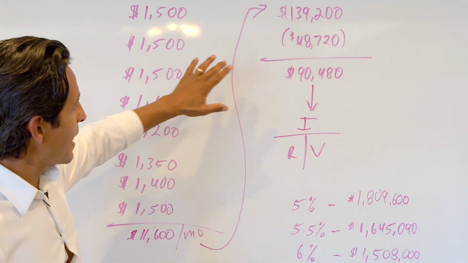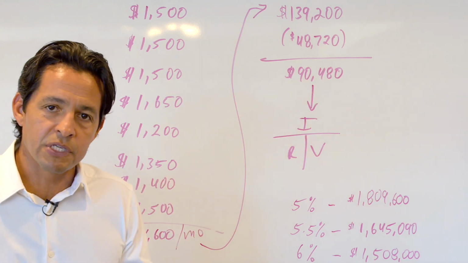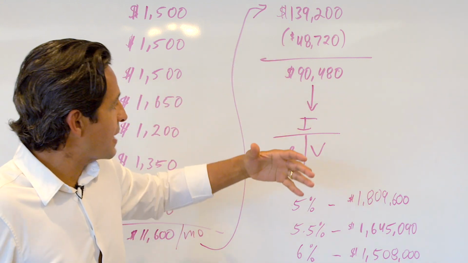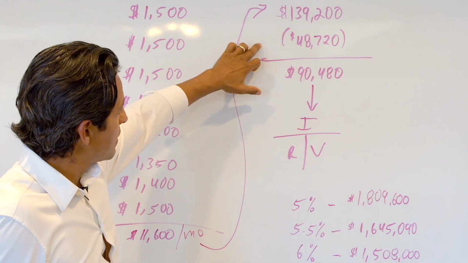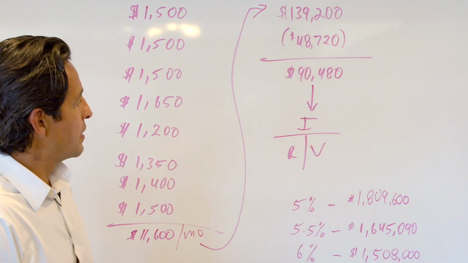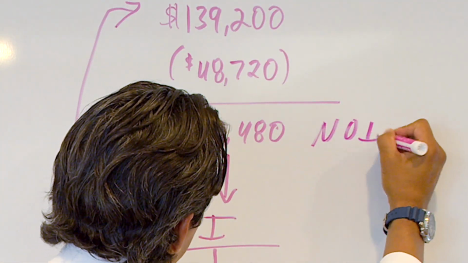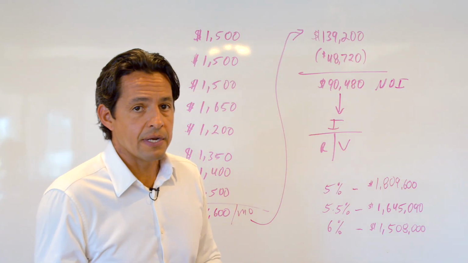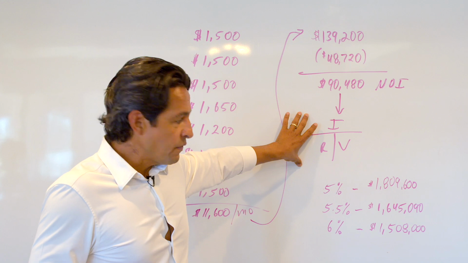So in this case, I applied a norm of 35% operational expenses, okay? I subtract that because if I buy this building, I'm gonna have property taxes, insurance, and those are my big ones, okay? So I subtract that, I come up with my net operating income, NOI. That's, if you remember, one of the things that you're gonna need to plug into our IRV formula.